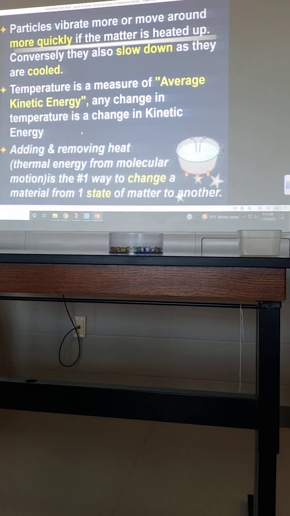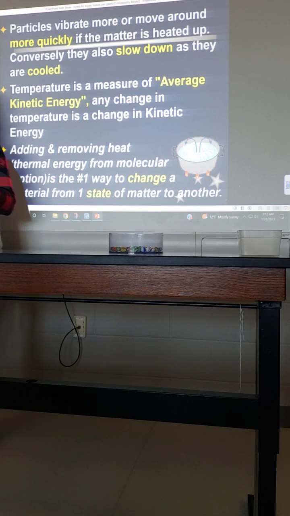Right? And so obviously adding or removing heat, which the fancy science name is thermal energy, from that molecular motion is the number one way to change something from one state of matter to the other. When we did the solution example with the Kool-Aid, I had room temperature water and Kool-Aid mixed, and then I put it on the hot plate.